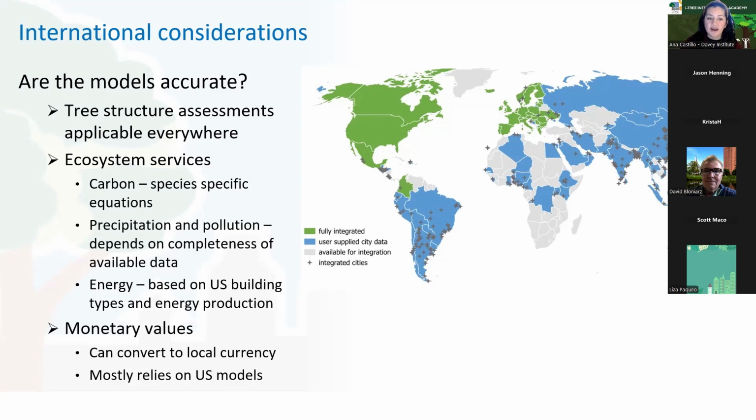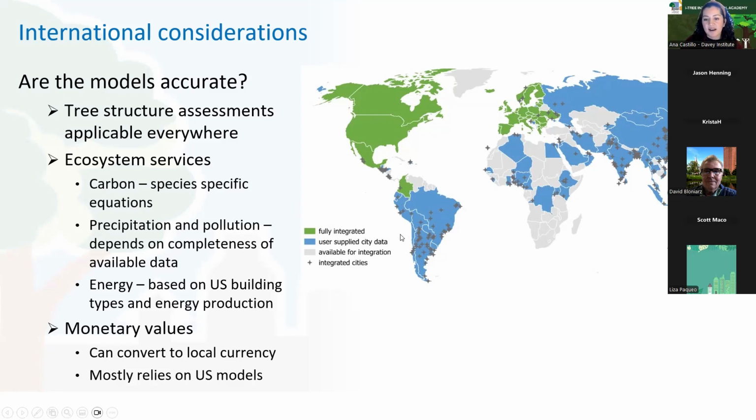We do have all these countries in green that are fully integrated. So we have precipitation and pollution data for these, I think it's over 400, and this map is probably outdated even now, of precipitation and pollution data submitted. So you are still getting very localized results.